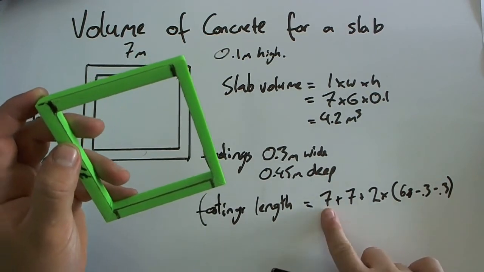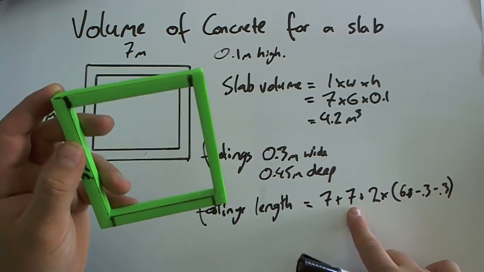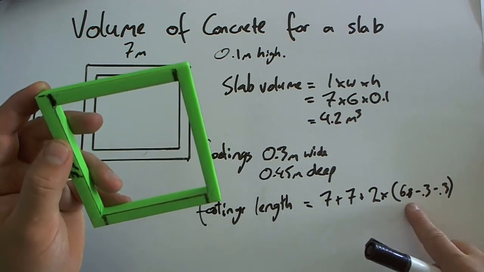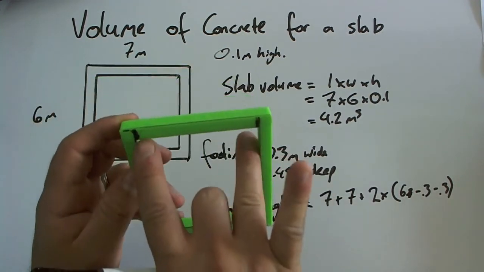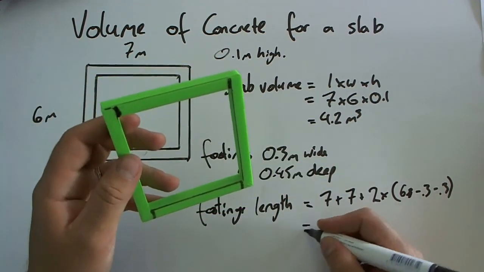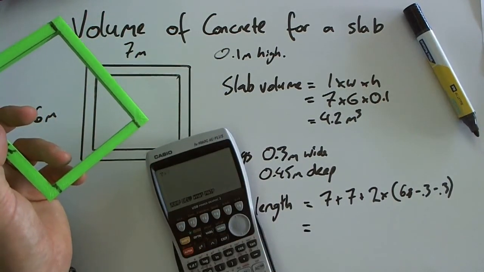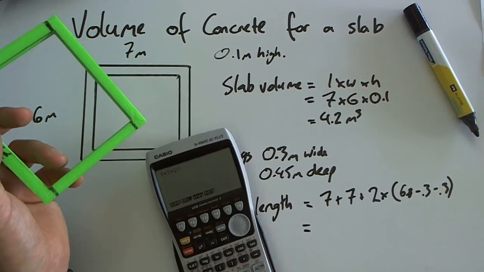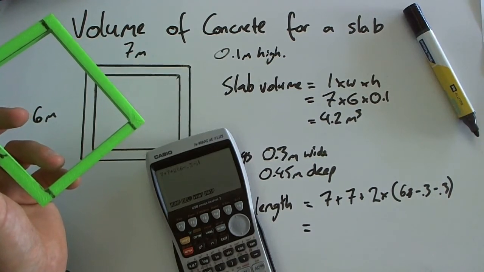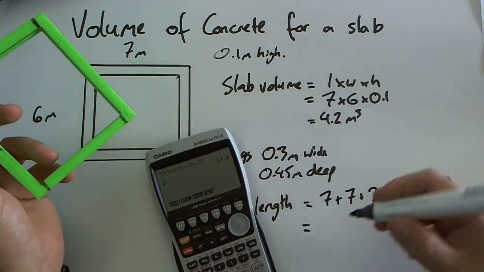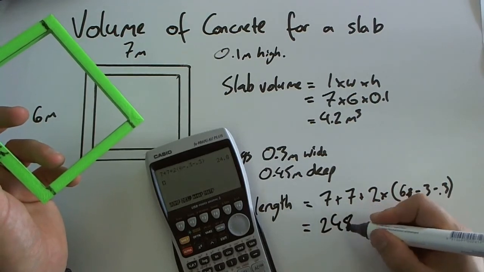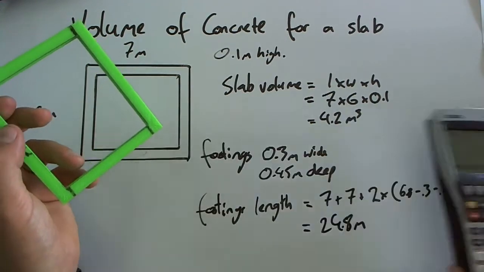So we've got our long length, and then 2 lots of our short length minus the footing, so it'll just give us the inside bit. We put that in: 7 plus 7 plus 2 times 6 take 0.3 take 0.3 is 24.8 meters. That is our length.